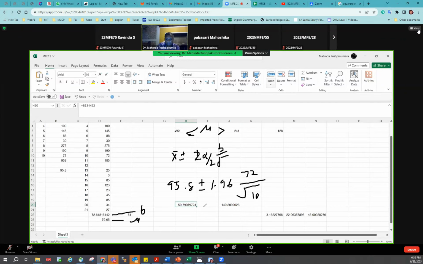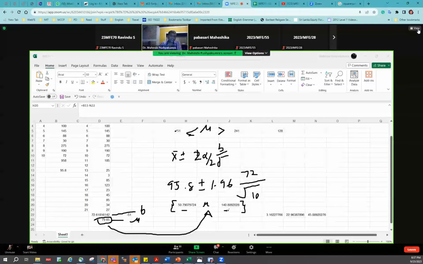Now you can say I have 95% confidence the population mean is between 50 to 140. Then you can see actually the population mean is 79. It is included here. Then you can say I'm 95% confident the population mean is between 50 to 140.